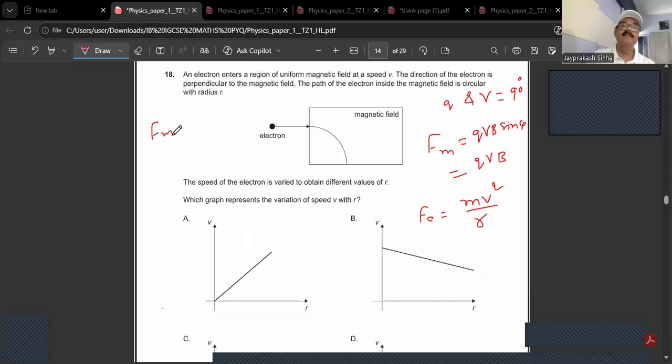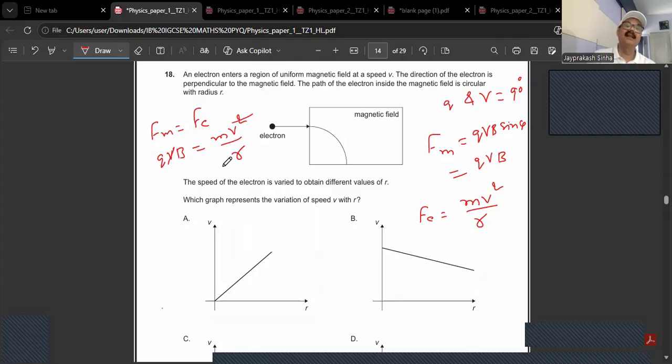So magnetic force is equal to centripetal force. Means QVB is equal to mv square by r. So one V cancels.